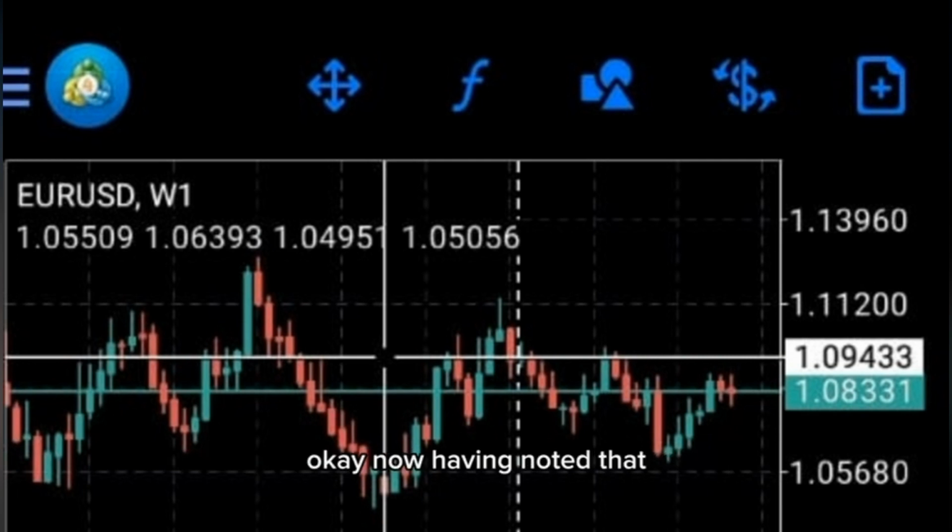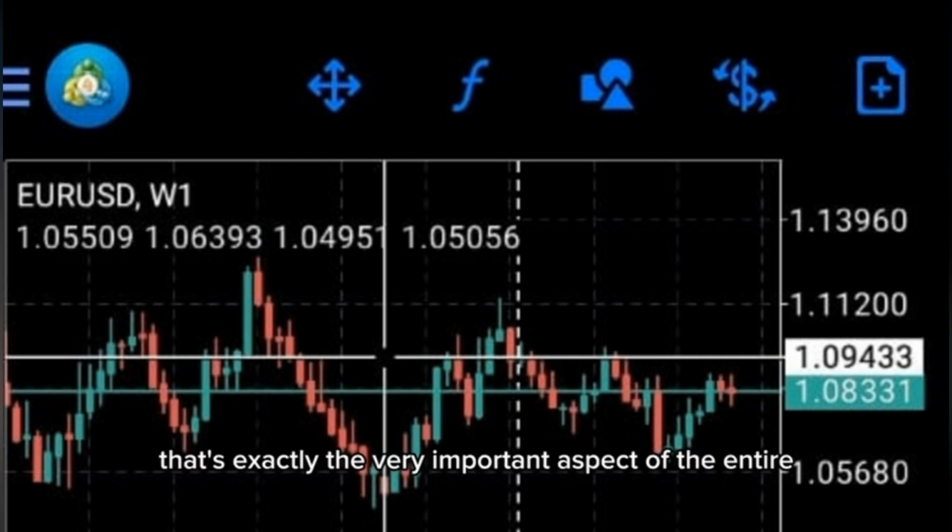Okay, now having noted that, you're going to do the mathematics, and that's the very important aspect of the entire session. One standard lot is equal to 100,000 units of the base currency, right?